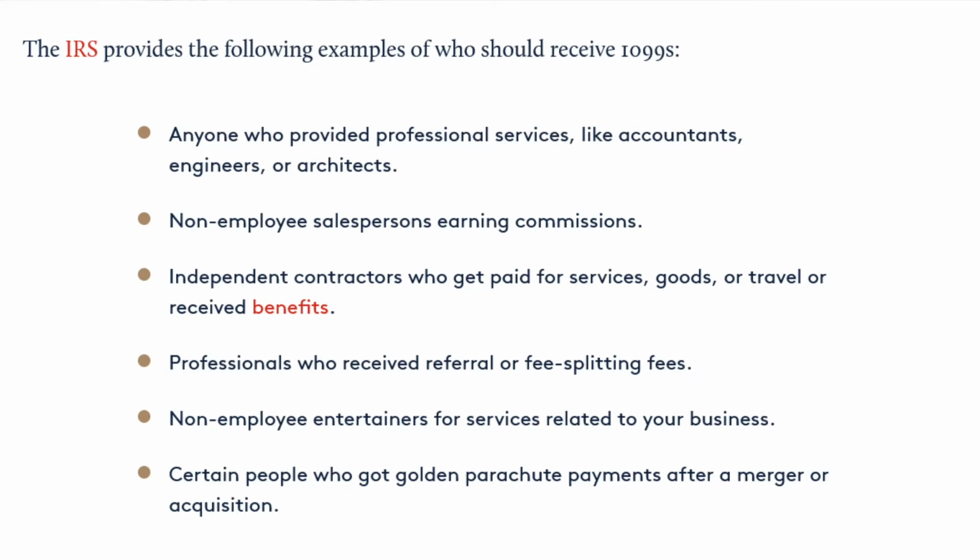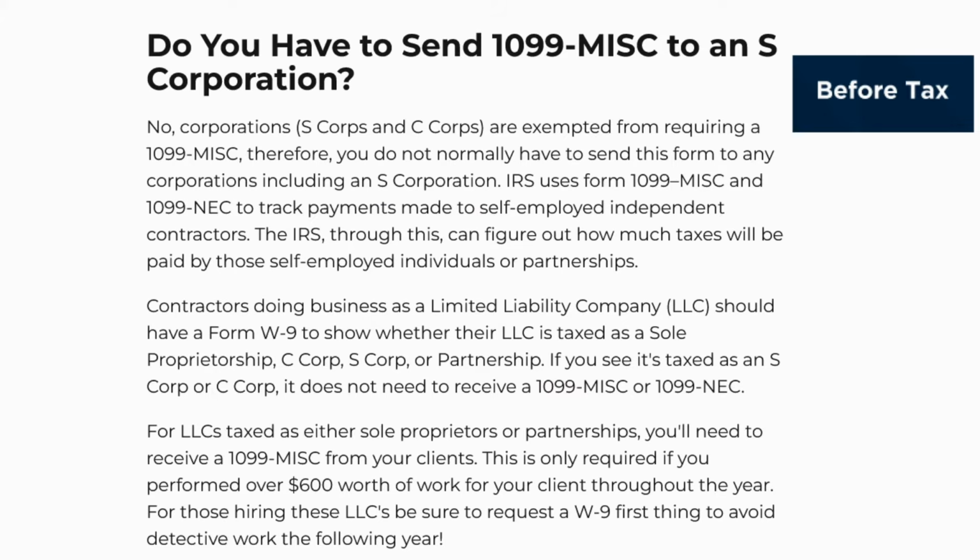Anyone who provided professional services like accountants, engineers, or architects, non-employee salespersons earning commissions, independent contractors who get paid for services, goods, or travel, or received benefits, professionals who received referral or fee-splitting fees, non-employee entertainers for services related to your business, and certain people who got golden parachute payments after a merger or acquisition.